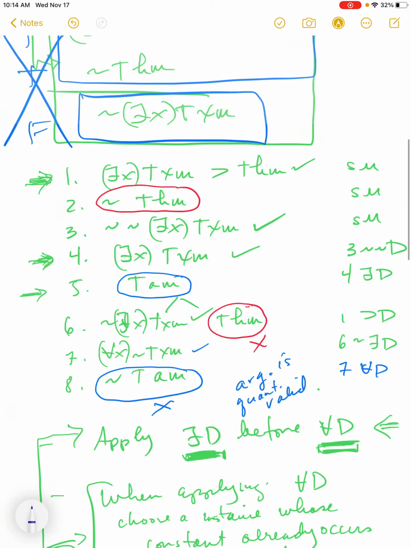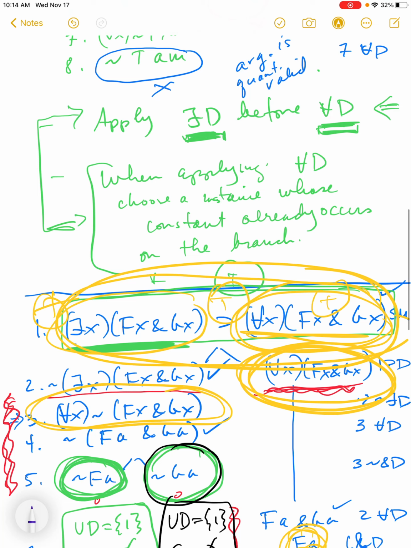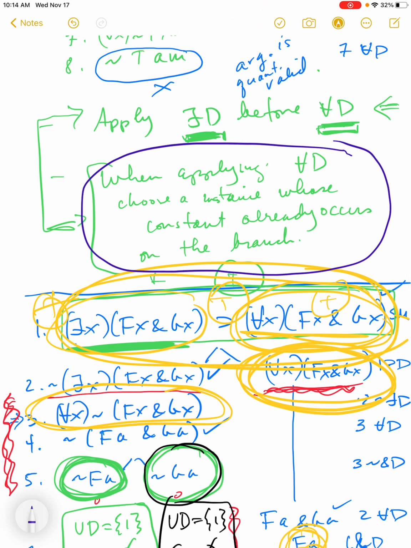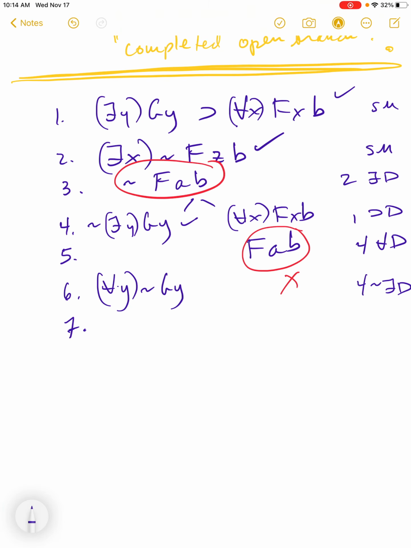Okay, remember the strategies that we were talking about? Where'd they go? Come back here. When applying universal decomposition, choose an instance whose constant already occurs on the branch. Well, A and B both are on that branch.